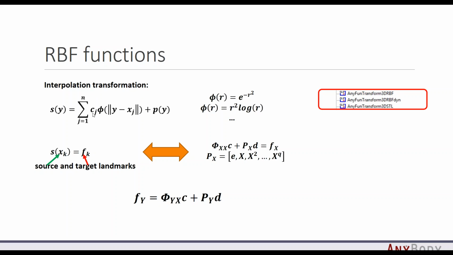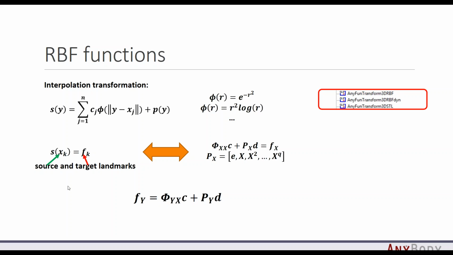We have a kernel function where we have distances between 2 points, and it is multiplied by a coefficient which is unknown, and we also have a linear term that is used in this interpolation. So we can have an interpolation transformation defined like that, but we don't really know the coefficients.